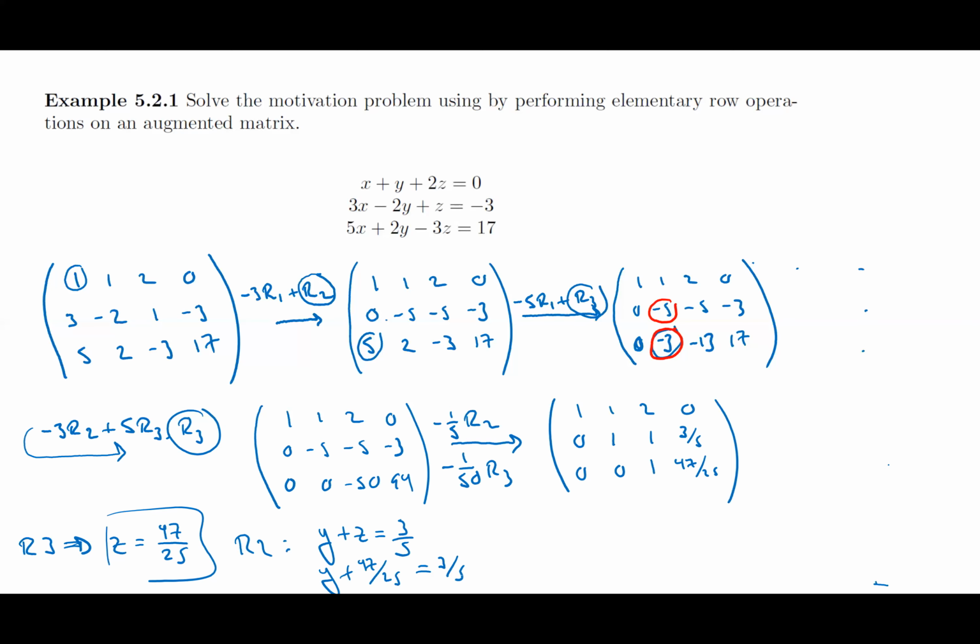And so what do we get for Y? Well, and oh, you know what? This was a -47/25. Sorry, guys. So -47/25, -47/25.